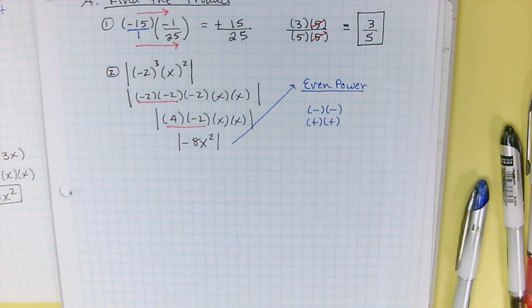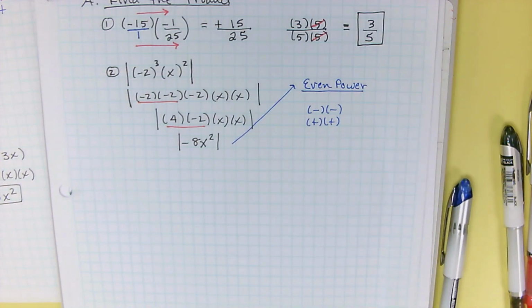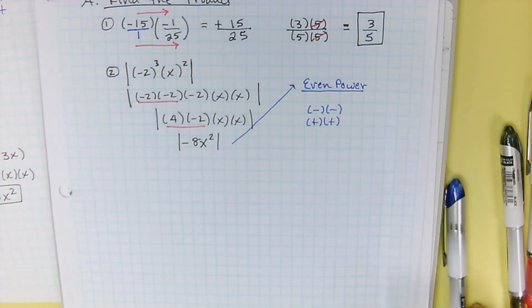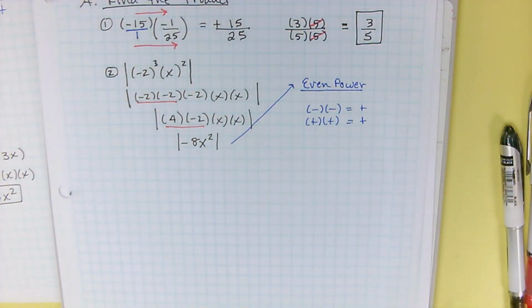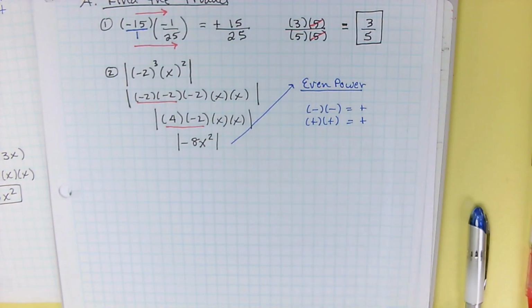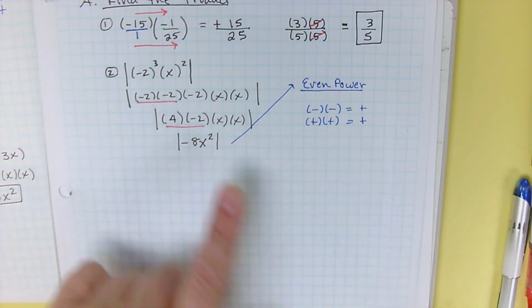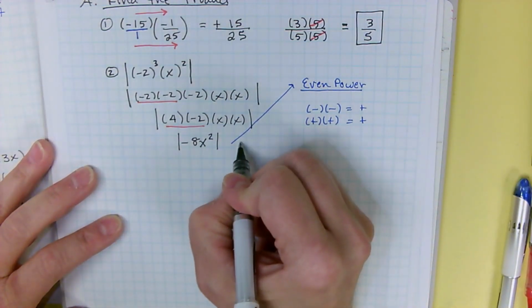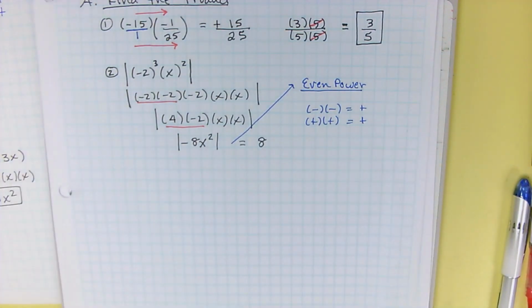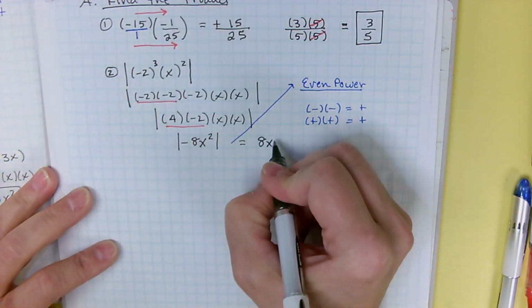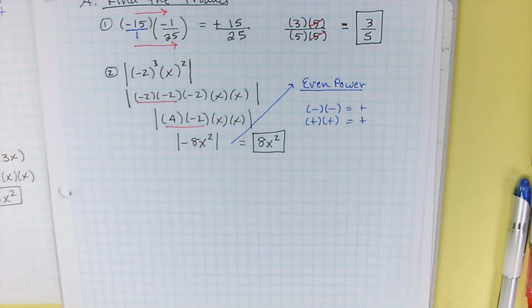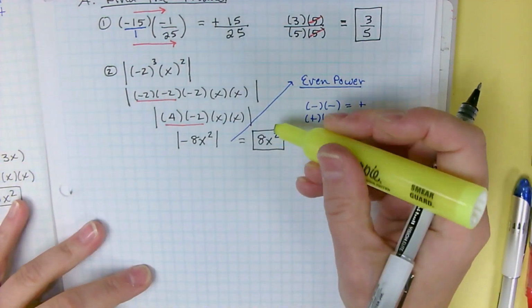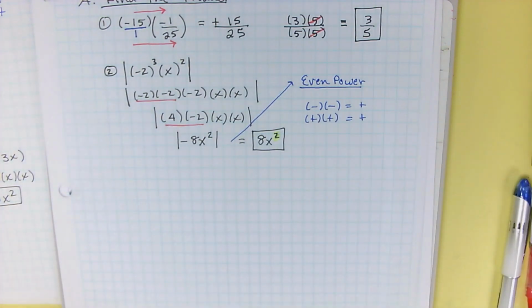The thing about even powers is when you multiply those negatives or those positives, in both cases, you get a positive value, which means we can take the 8 out because all numbers come out positive, but it also means we can take the x squared out. It's not trapped in the absolute value. And we're taking it out because it's x to the power of 2.